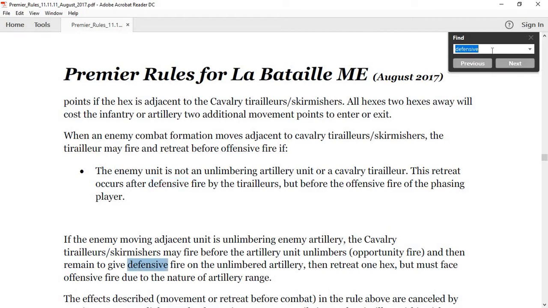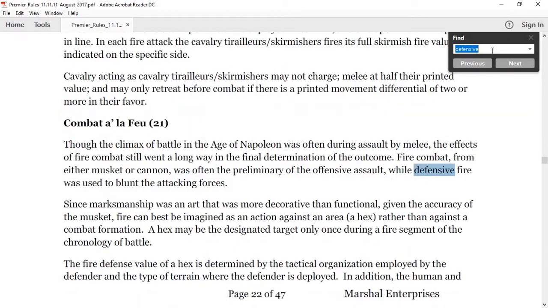If the enemy moving adjacent unit is unlimbering enemy artillery, the cavalry skirmishers may fire before the artillery unit unlimbers, opportunity fire, and then remain to give defensive fire on the unlimbered artillery, then retreat 1 hex, but must face offensive fire due to the nature of artillery range. Fire combat from either musket or cannon was often the preliminary of the offensive assault, while defensive fire was used to blunt the attacking forces.